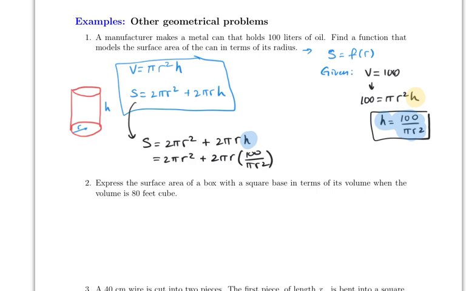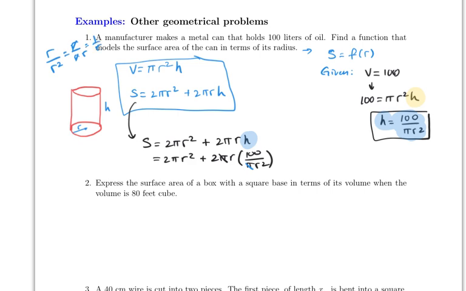Now, what can you simplify from here? There are two things that you can cancel. You can cancel the pi, and what else? One of the r's. Remember you have r over r squared, which is the same thing as r over r times r. This cancels one, so this is 1 over r.